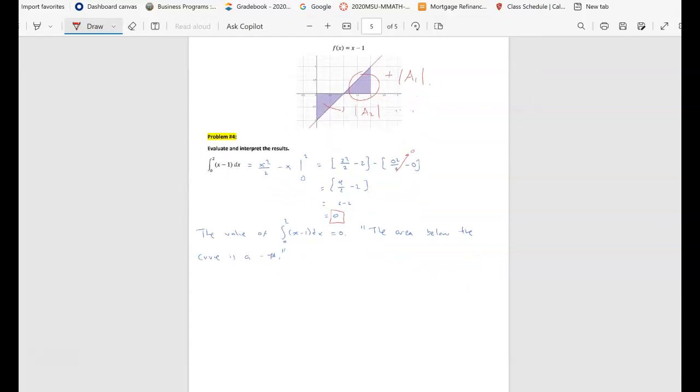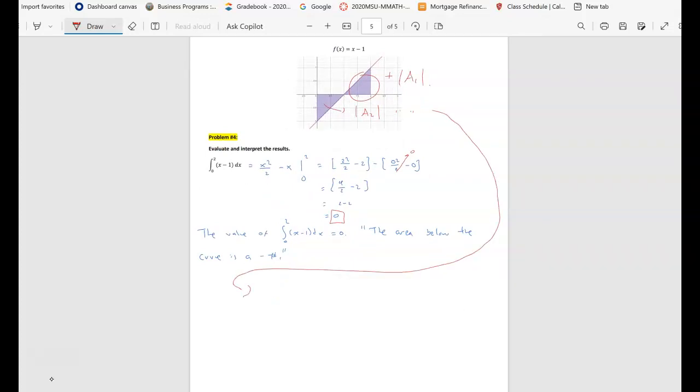Now, if that was the case for a separate problem, then we would be evaluating the following integral.